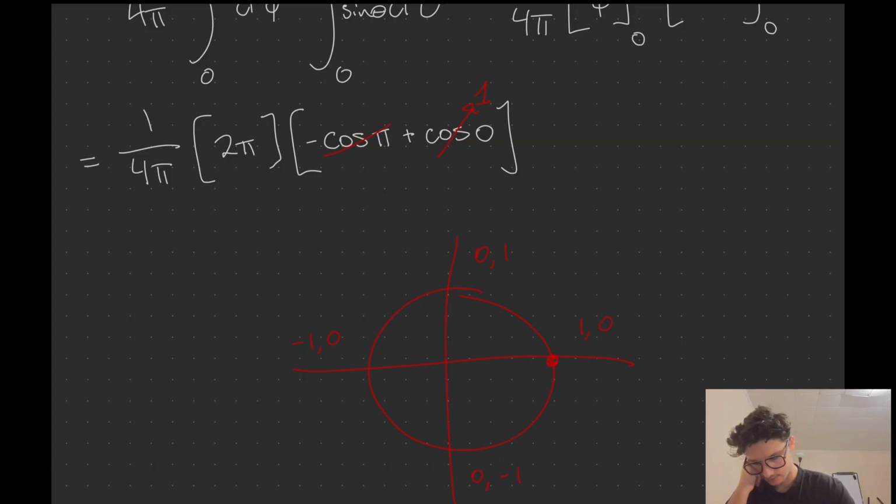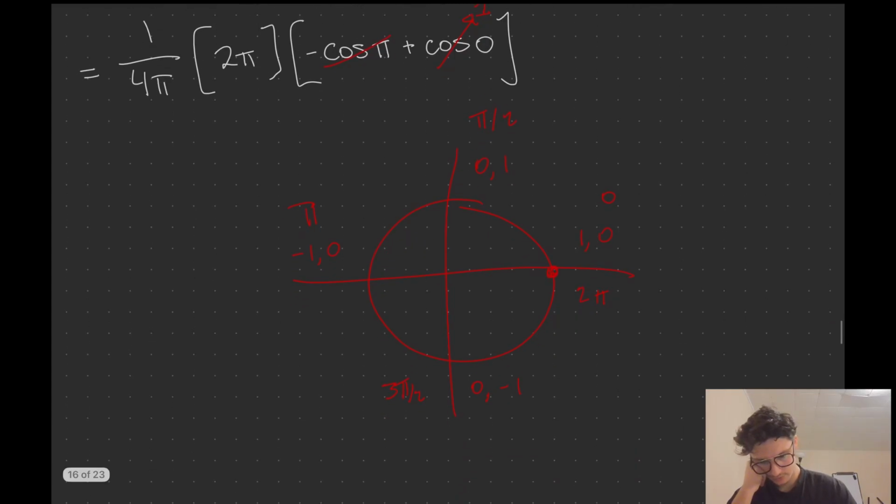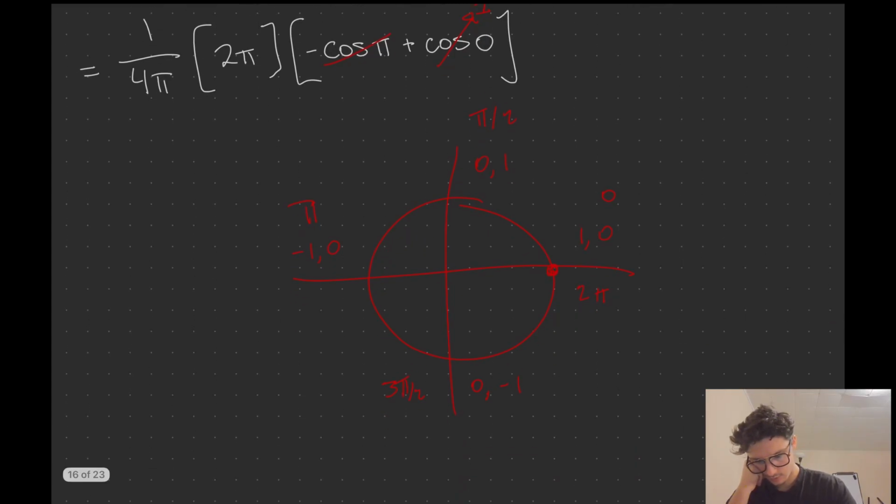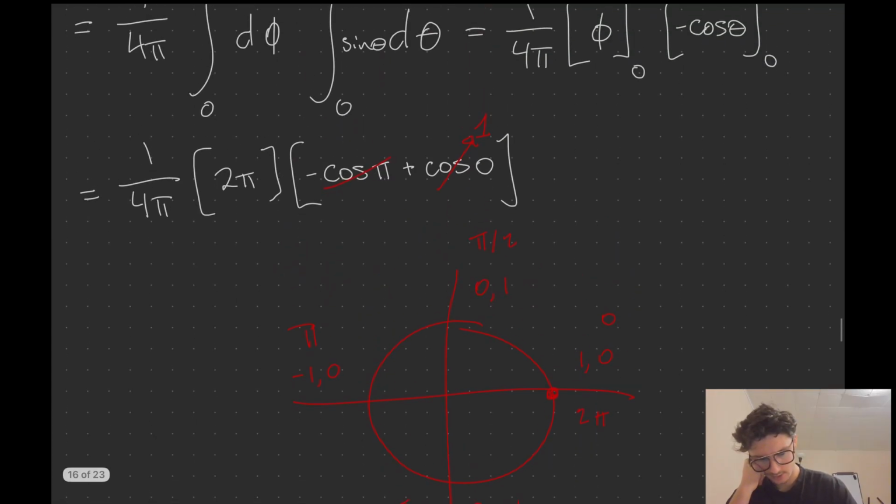And here it's 0 radians, pi over 2, pi, 3 pi over 2, and 2 pi. This is a little unit circle. So cosine is the x component. Cosine of pi is minus 1. Minus 1 times minus is 1. Okay. Alright, I'm going to keep this unit circle, so this one here is minus 1.